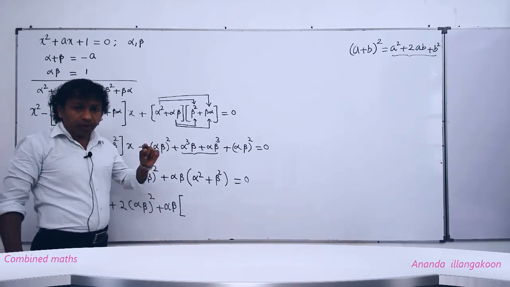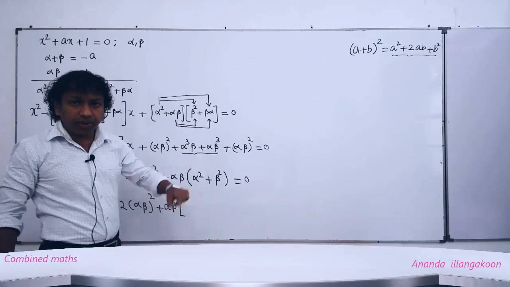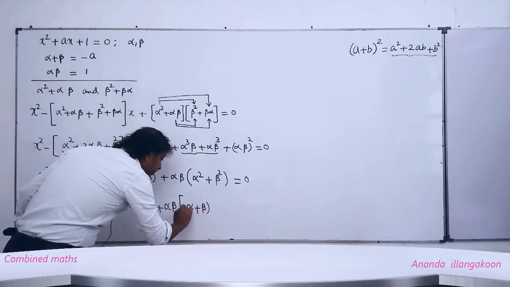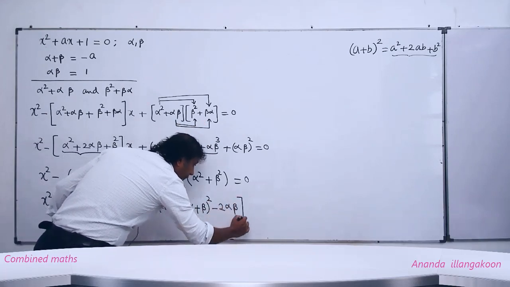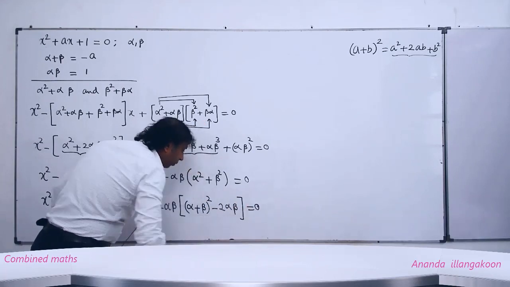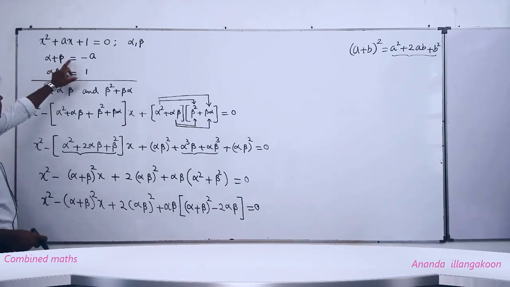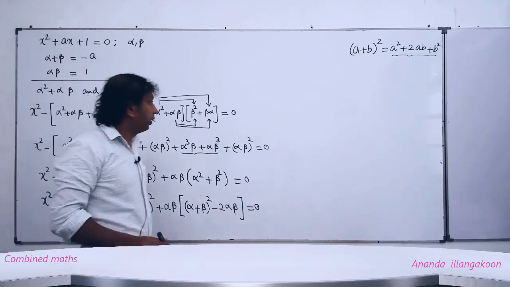It is alpha plus beta perfect squared minus 2 alpha beta, no? Alpha plus beta perfect squared minus 2 alpha beta is equal to 0. Yeah. Now what we do is we substitute for alpha plus beta and alpha beta. Alpha plus beta is minus c, alpha beta is 1. Right. And then we will substitute that.